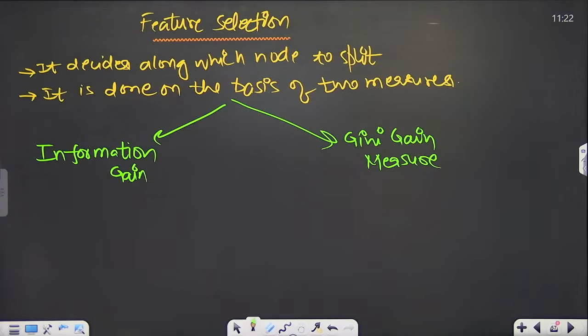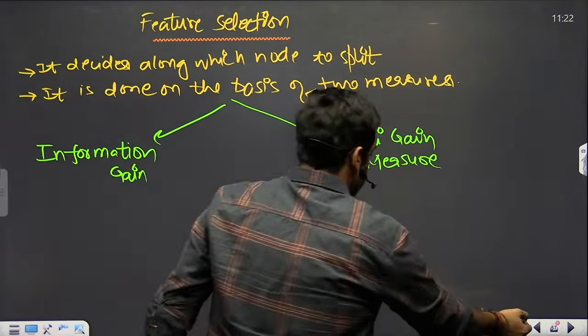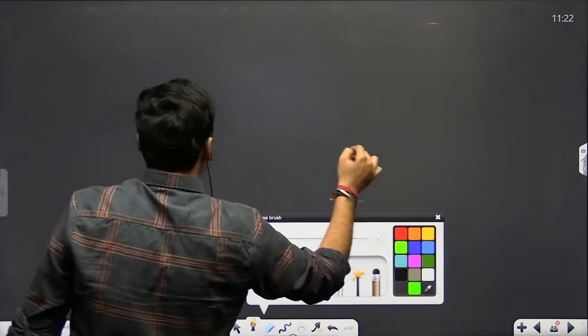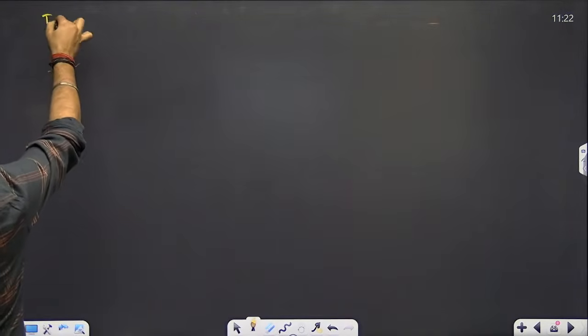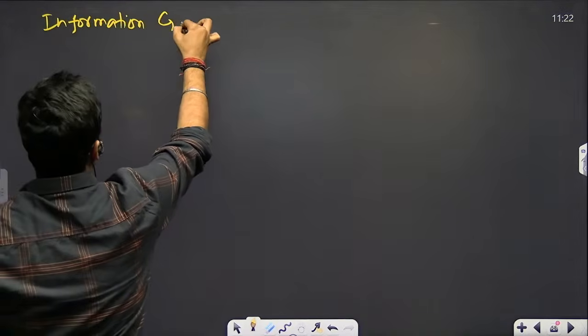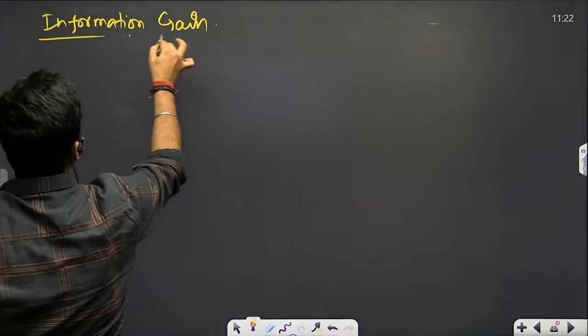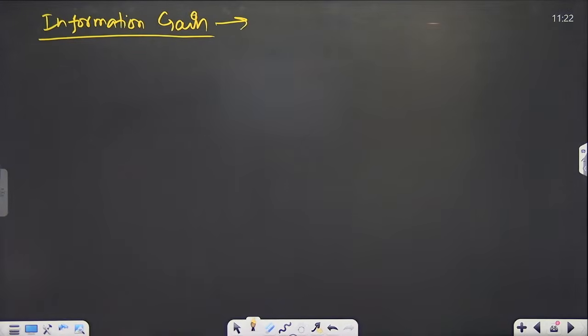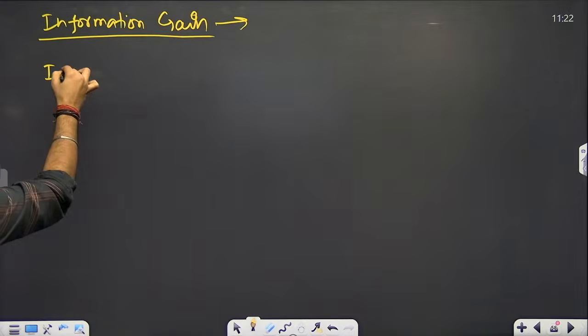Let us start with the information gain measure. For calculating the information gain, we have to calculate entropy first.